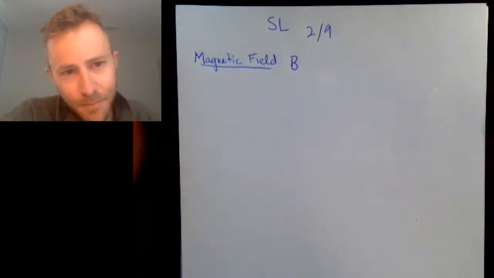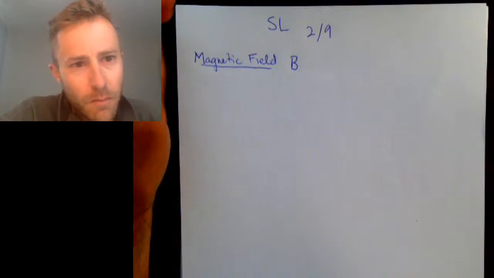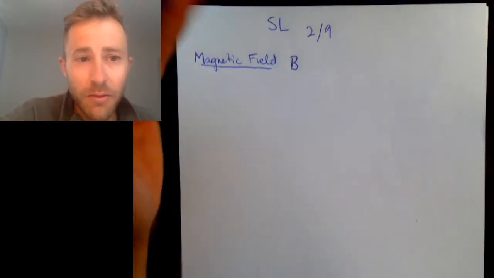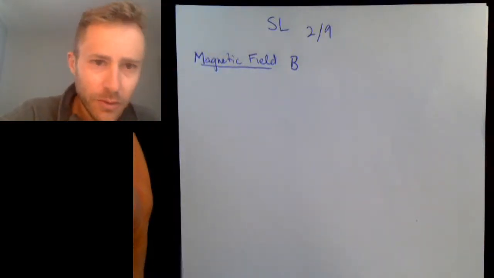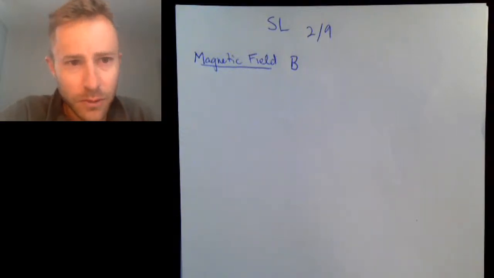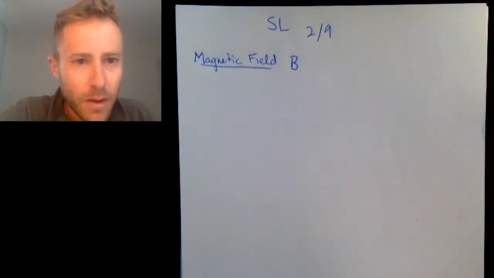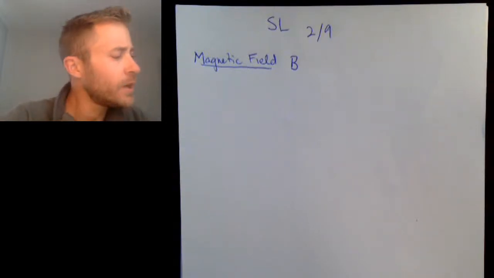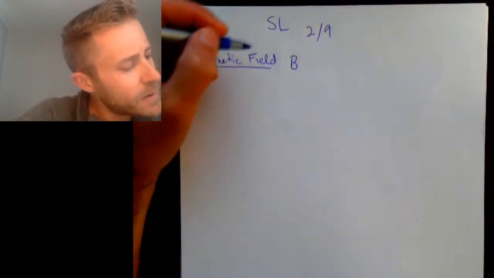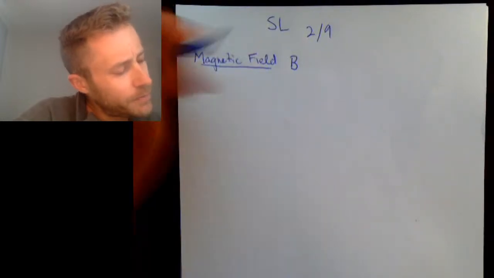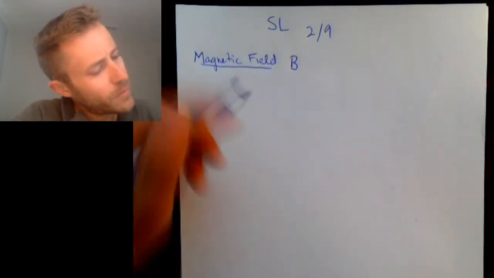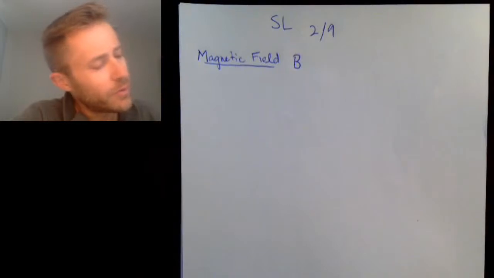So, just like you have the E field for electric field, you have the B field for magnetic field. Okay. So yeah, that's the B field.